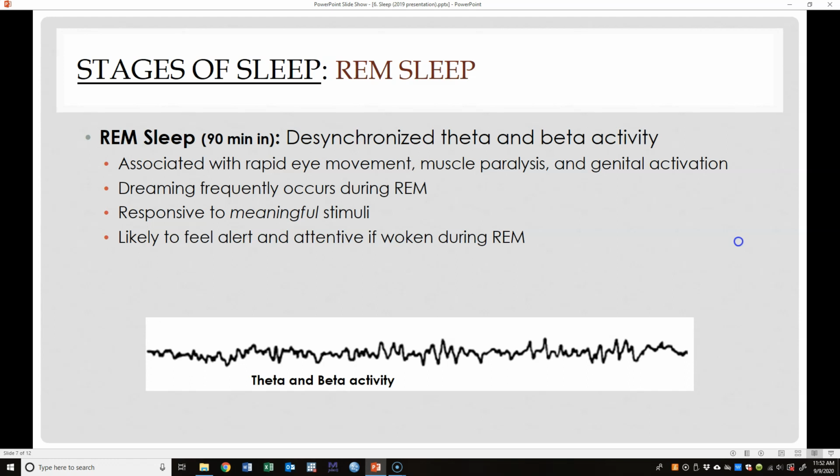If your body is up and active, what you might see is people starting to act out or thrash around or do things consistent with their dreams. So what happens during REM sleep is that your body basically paralyzes you so that you can't get up and run around.